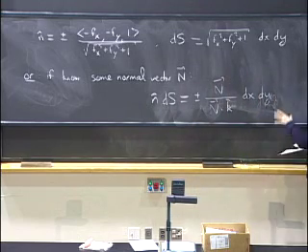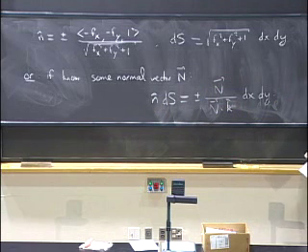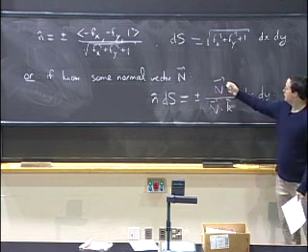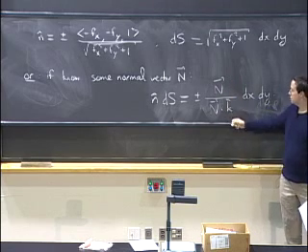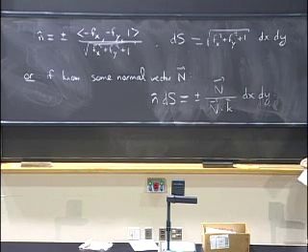And that projection formula works also if you have to project to another coordinate plane. For example, if you want to project to the xz coordinate plane, the relation between n dS and dx dz is given by N over N dot j, because j is the direction perpendicular to the xz plane. But this one is more useful.